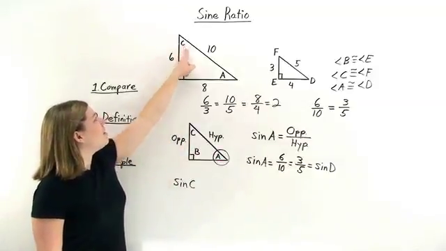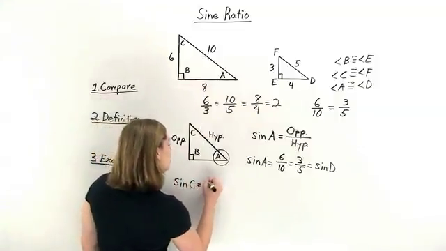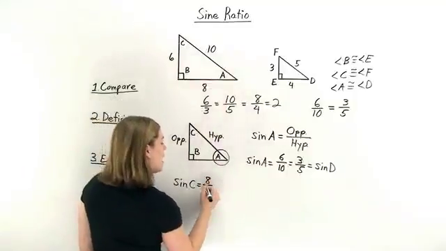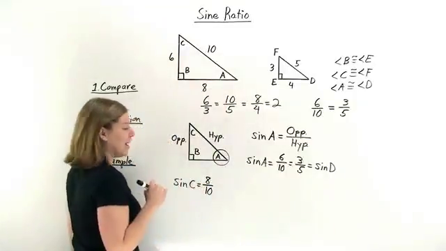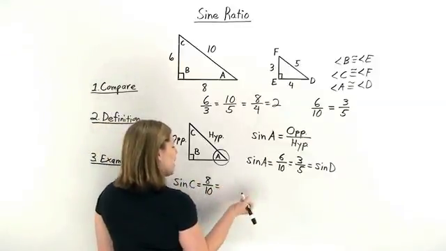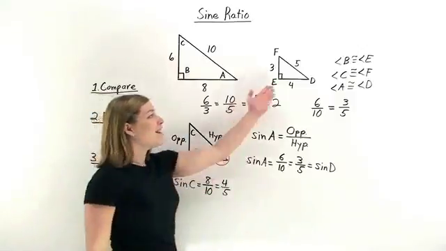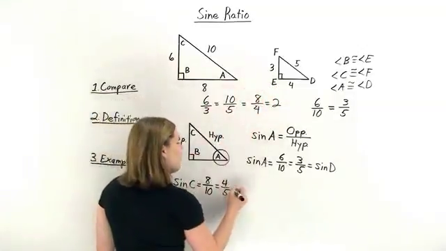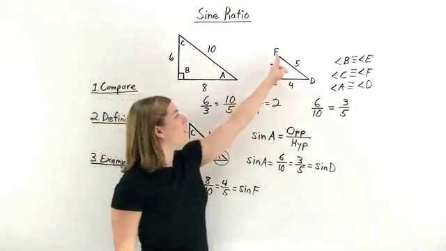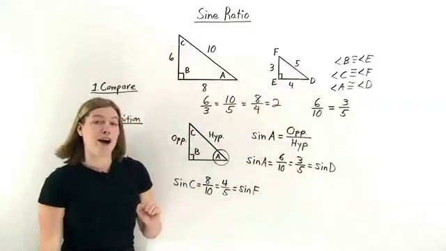Taking a look at angle C, we look across and we see this side. That measures 8. So that's the measurement of the opposite side. And the hypotenuse is still 10, because it's that measurement of the longest side. So we get the ratio 8/10. Well, if we end up simplifying that, we get 4/5. And if we take a look at our second right triangle, that is the same as sine of angle F. Taking a look at angle F, we have the opposite over the hypotenuse, 4/5.